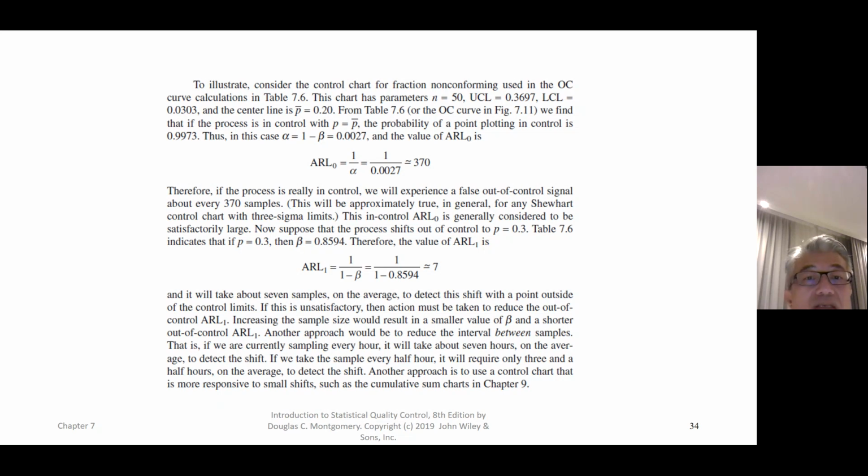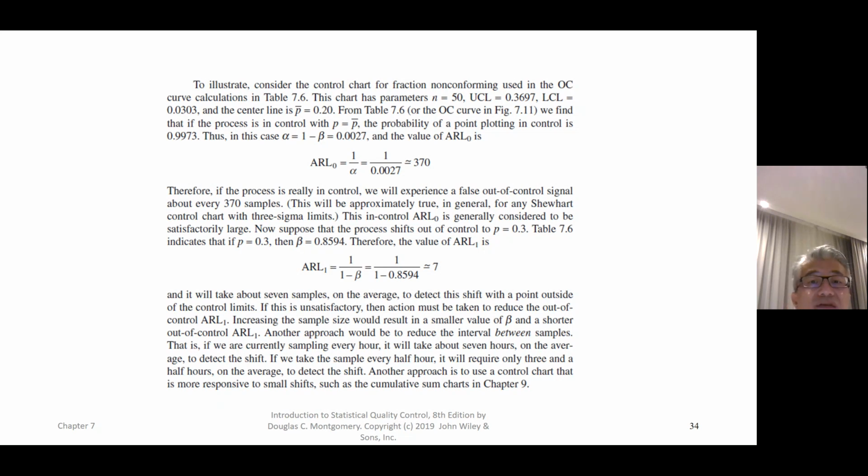Now suppose that the process shifts out of control, to p about 0.3. Table 7.6 indicates that if p equals 0.3, beta is about 85%.